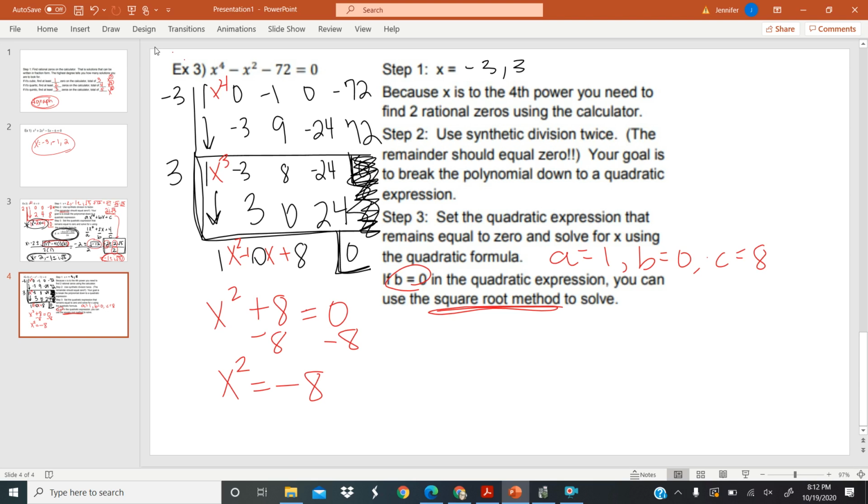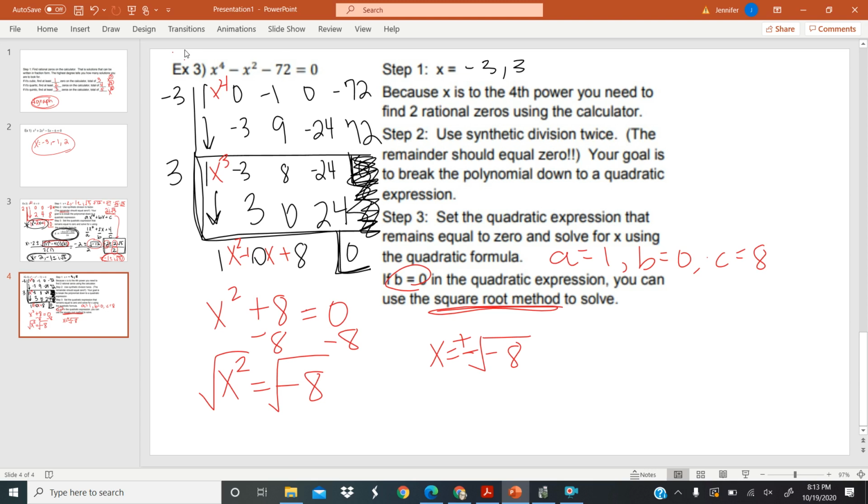Then if x squared is just equal to some number, you can take the square root of that number, and we would have x equals the square root of negative 8. Whenever you do a square root in this scenario, don't forget to put your plus or minus out front. And so you would have x equals plus or minus the square root of negative 8.